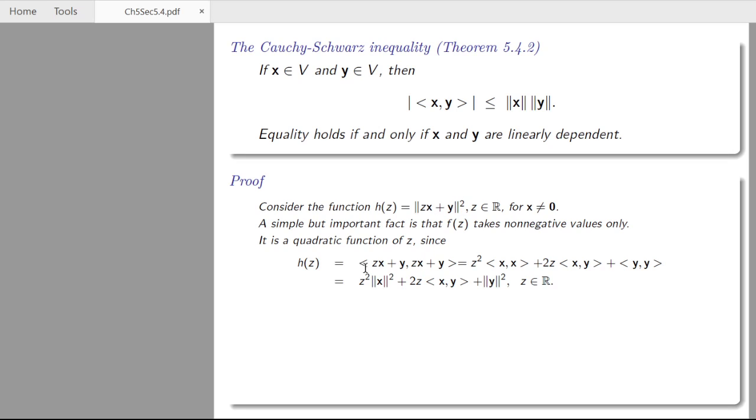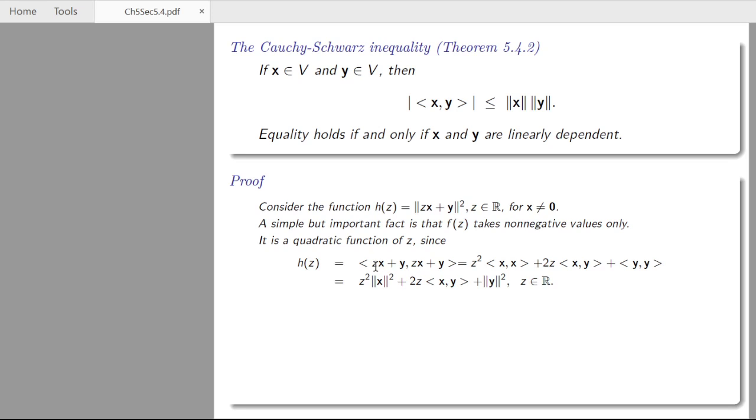Why? We just use the definition: h of z equals the square of the length of zx plus y. That's the same as the inner product between zx plus y and zx plus y. Then we use the third property of inner product to evaluate this. That's the same as z squared times the inner product between x and x, because it equals the inner product between zx and zx.